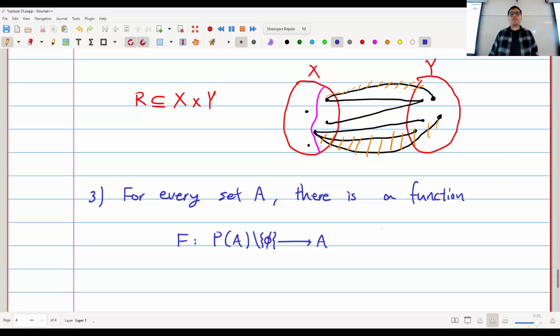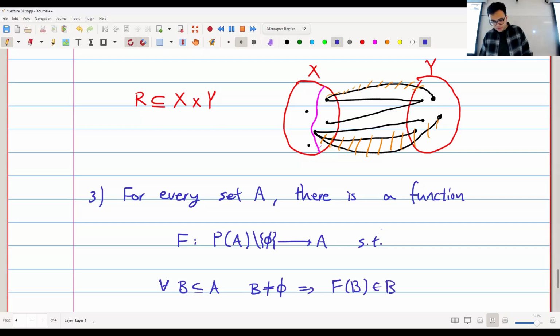So it takes a non-empty subset of A and maps it to an element of A such that for every B that is a subset of A and B is non-empty, I have that f of B is a member of B itself.